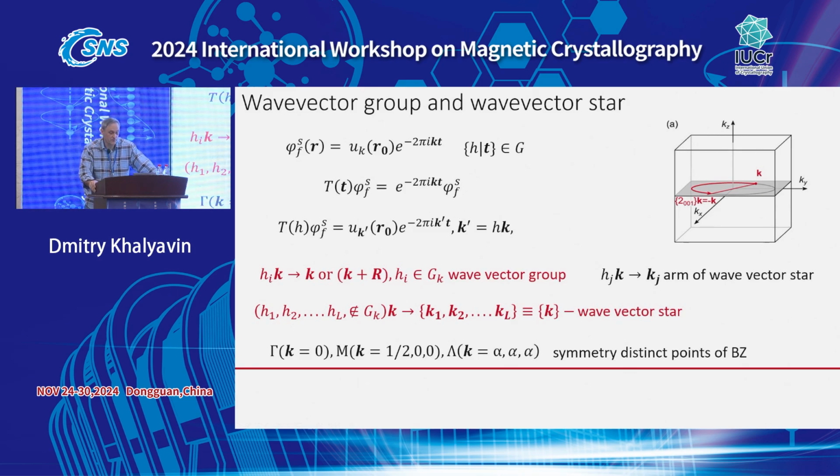a reciprocal translation. Or the other situation, where the symmetry element generates another non-equivalent propagation vector. Non-equivalent means there is no reciprocal translation which connects the initial propagation vector k and k prime after the transformation. In this case, we say that this symmetry element generates a new arm of the wave vector star.